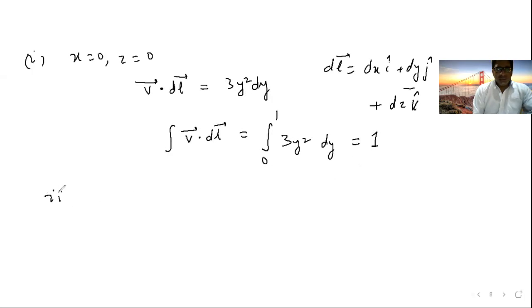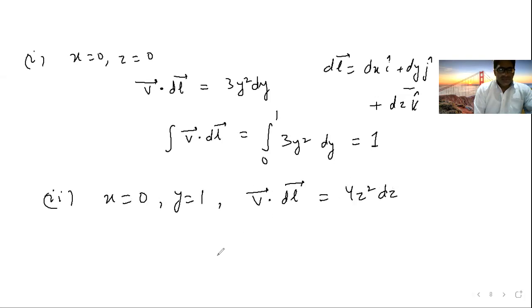And similarly, for the second piece, you plug in the values. X is equal to 0, y is equal to 1. My v dot dl will be 4z square dz.